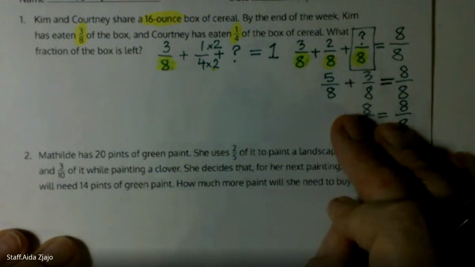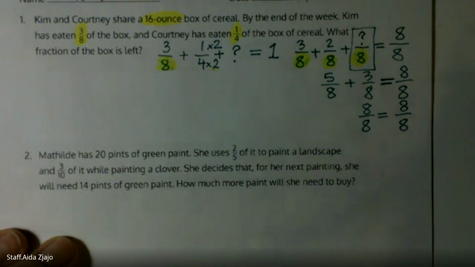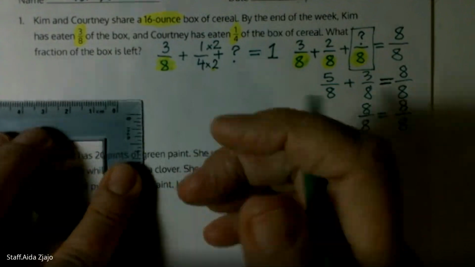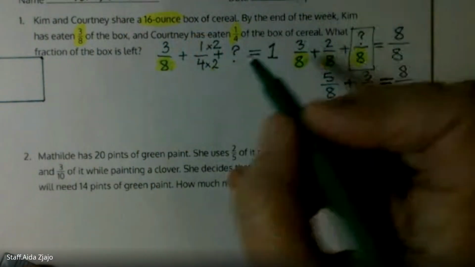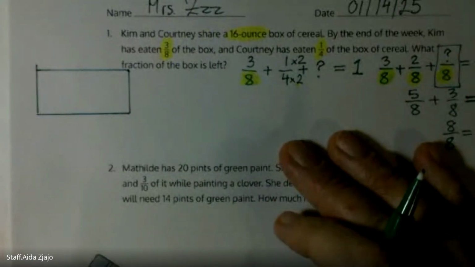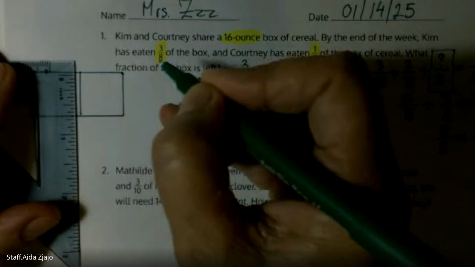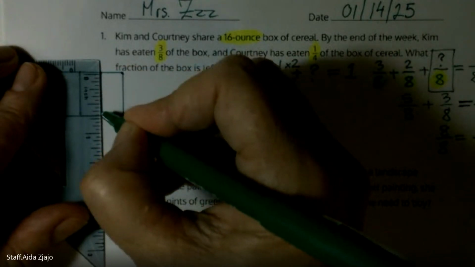How can we solve that if we draw a picture? Let's see the whole box. If I pretend this rectangle is my box, then I'll make it a little bit smaller. I needed to make 8, so I'm going to make half of the box, and then I will cut each half into half.